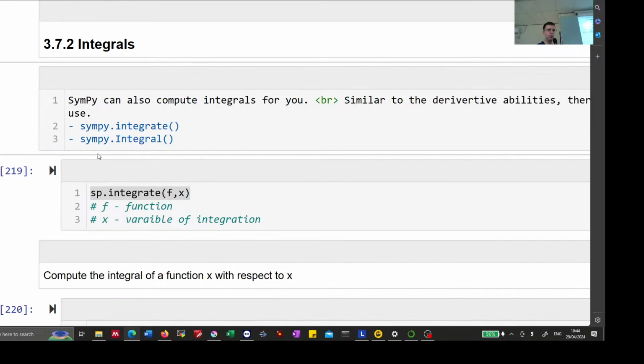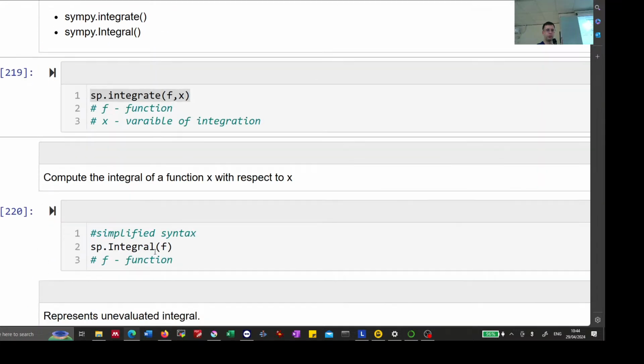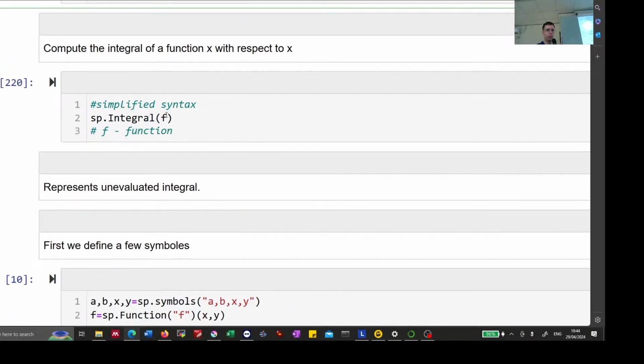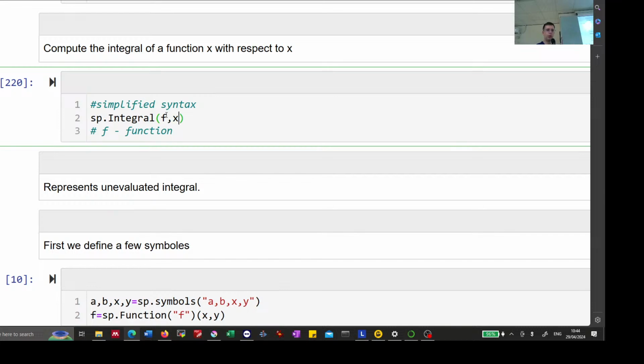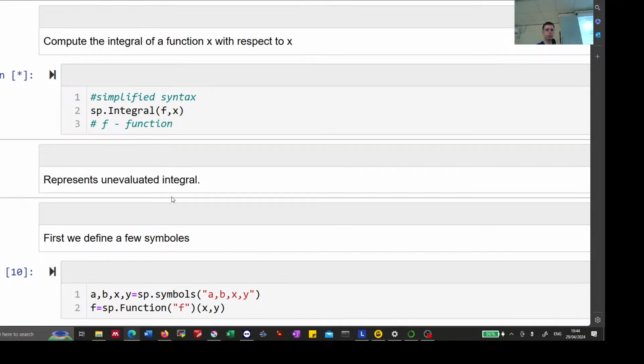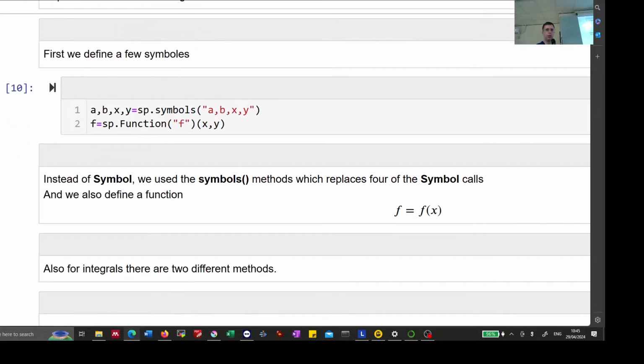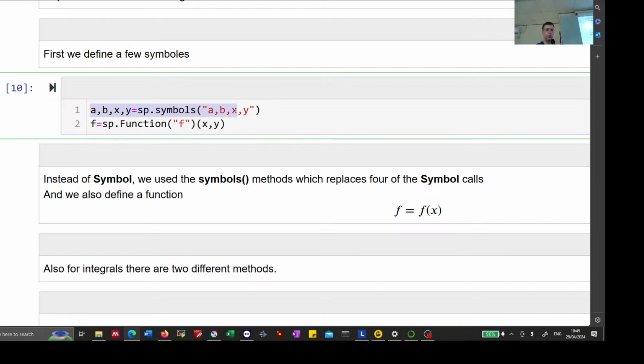Integral just writes you a fancy expression of the integral. We need to provide, again, the function and the variables, in both functions. Okay, here we go with an example already. We have a few symbols, a, b, x, y. We define a function that depends on x and y.